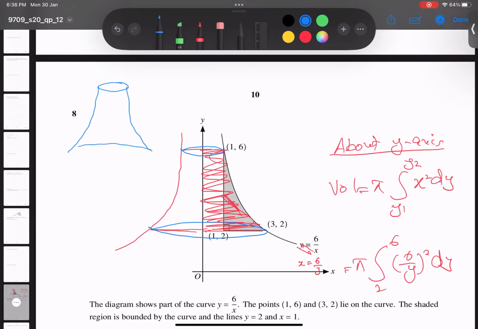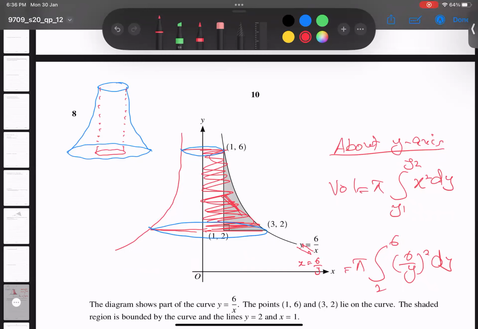But the problem is that we don't need this whole thing. There's a hollow part inside, and this slender part inside we don't want, because it's a white part.